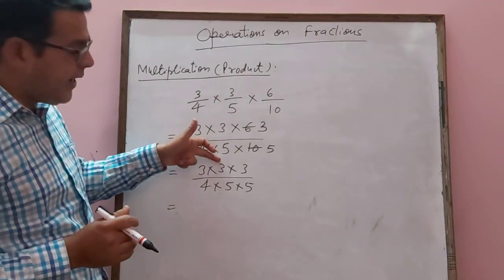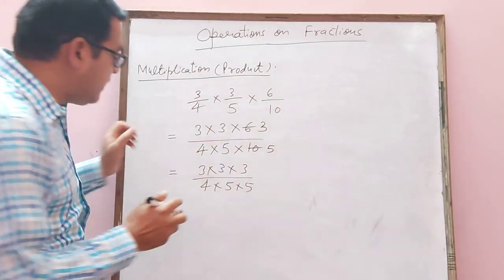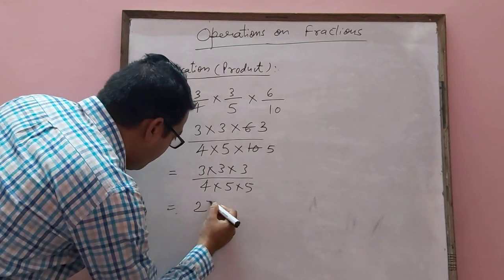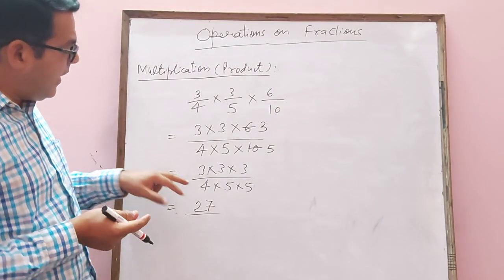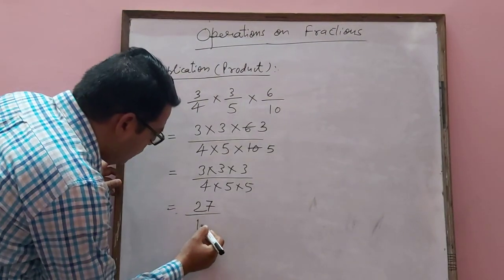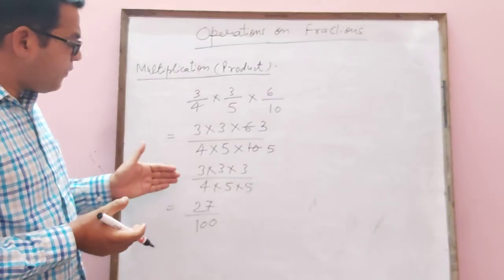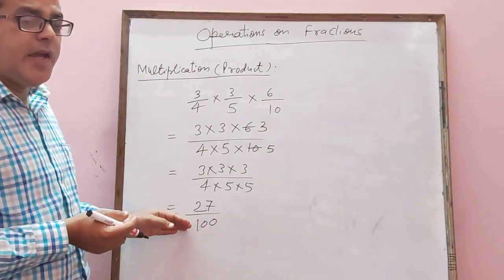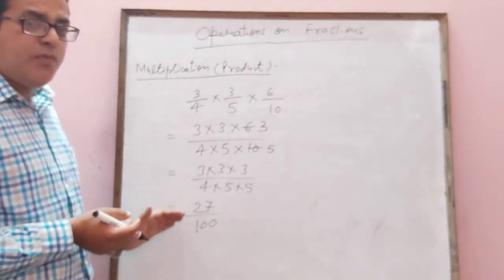3 3s are 9 and 9 3s are 27. So we have here 27, right? And here 4 5s are 20 and 20 5s are 100. So 27 by 100. This is now the simple form of the fraction.